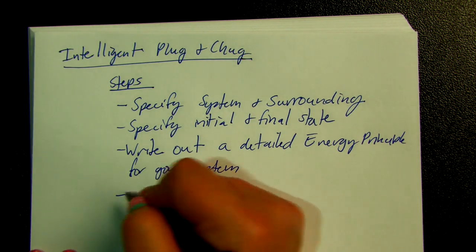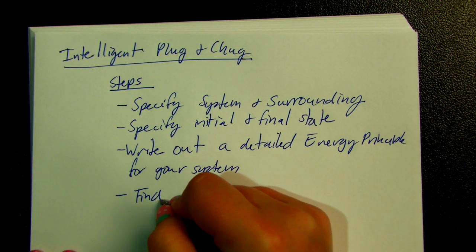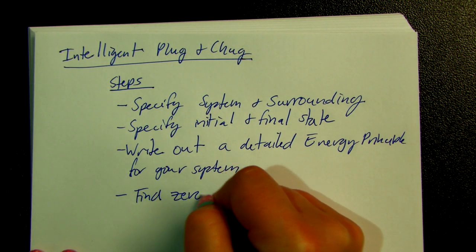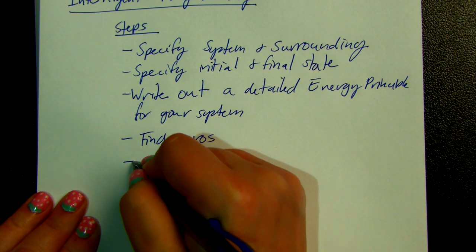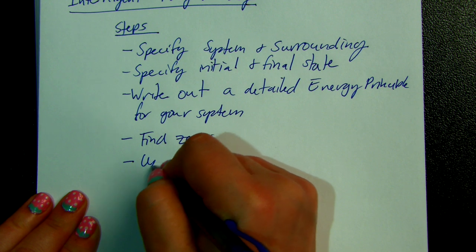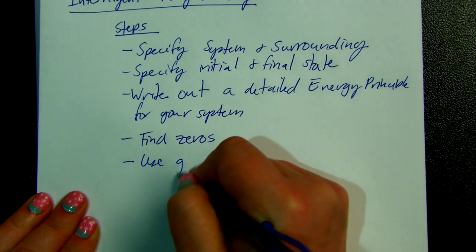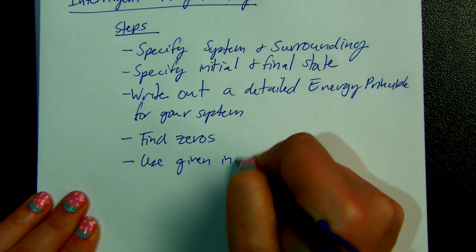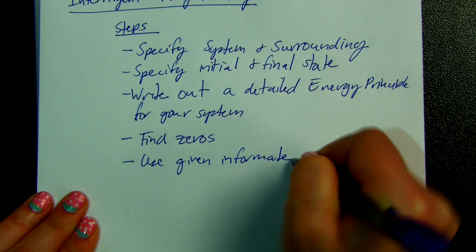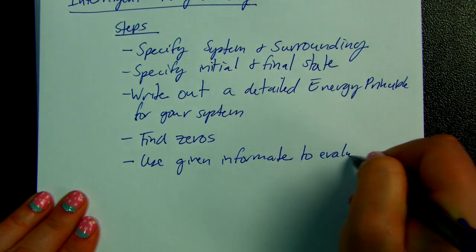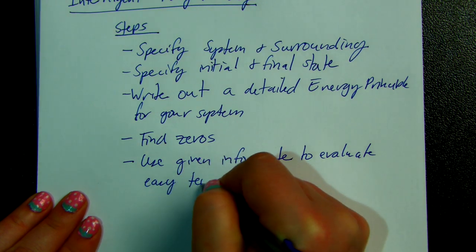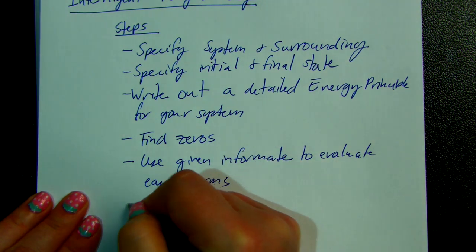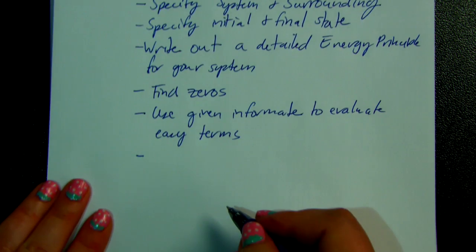Then you're going to want to find your zeros. I mean, anything you can make go away makes it easier. Then you want to use information given to evaluate easy terms. And of course, the game you're hoping to play is that if I solve for what I think is easy, then maybe what I think is hard becomes easy.